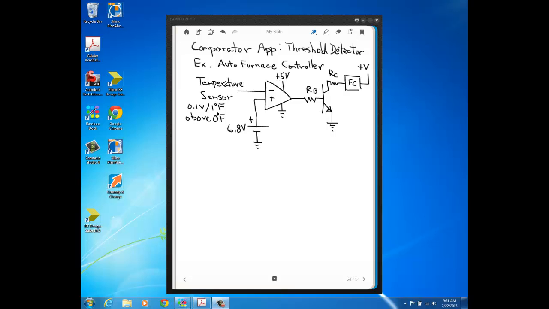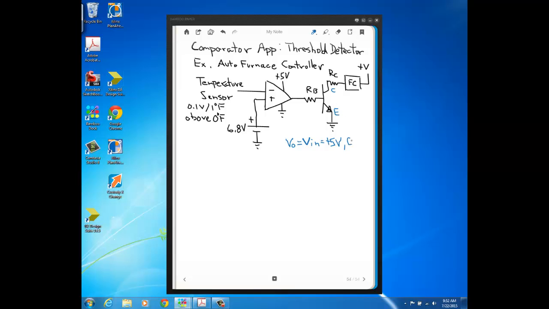Okay, so this is a BJT switch circuit. And in this part of the circuit, between a source of plus V and this resistor RC, is the furnace controller. So the way this works is that when the input voltage of the transistor switch, which is equal to the output voltage of the comparator, is equal to plus 5 volts, which is one of the possible values because that's our plus power source as you see here, that's going to make the node C and the node E a short.